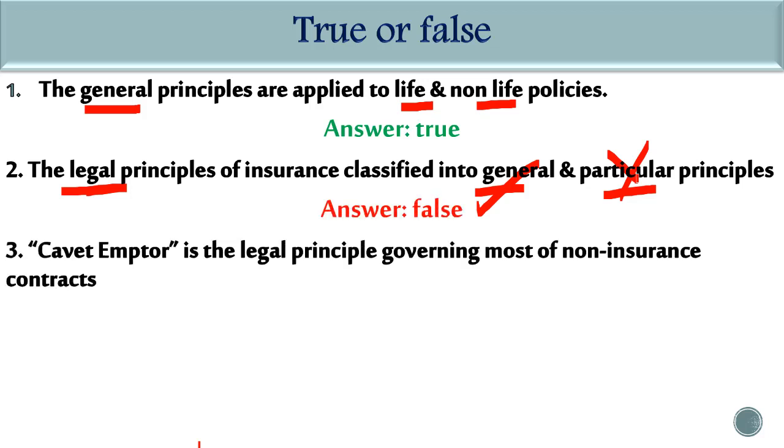Question number three, caveat emptor is the legal principle governing most of non-insurance contracts. Disclosure in non-insurance contracts, the legal principle governing most of non-insurance contracts is caveat emptor, but that word isn't true. C-A-V-E-A-T, so that isn't true, but the definition is correct.